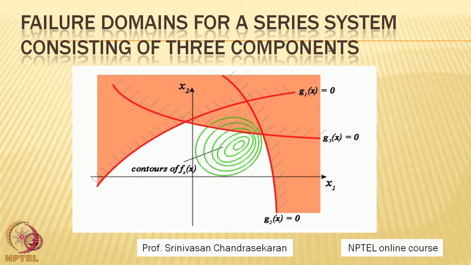We know for a series system consisting of 3 components, it is a union of all of them. So, the hatched portion shows the failure domain of a series system with 3 components, G1(x), G2(x) and G3(x) being the limit state functions of 3 independent components.